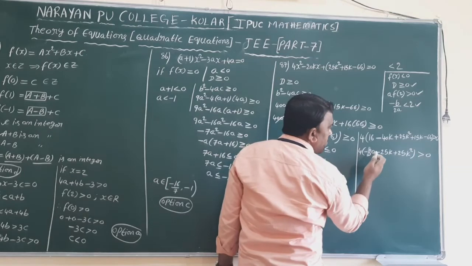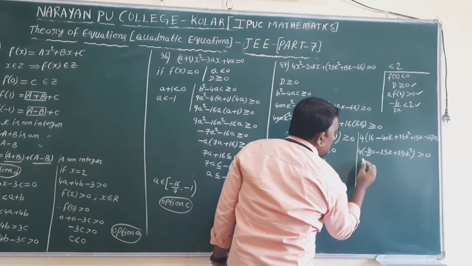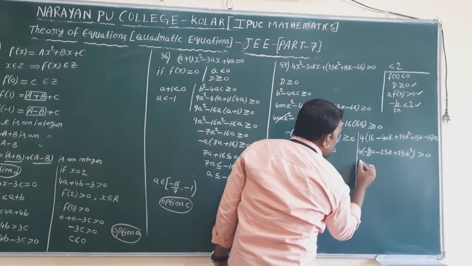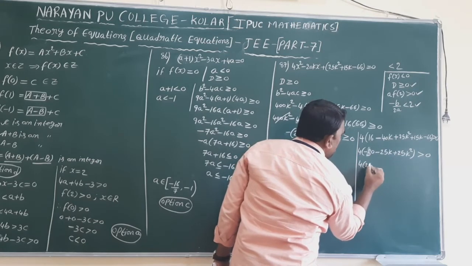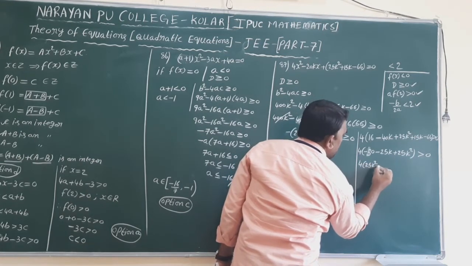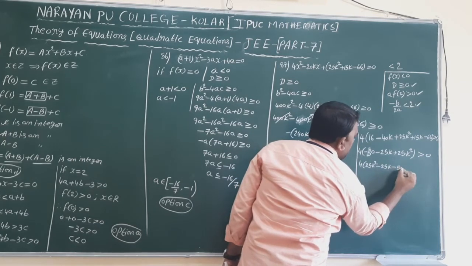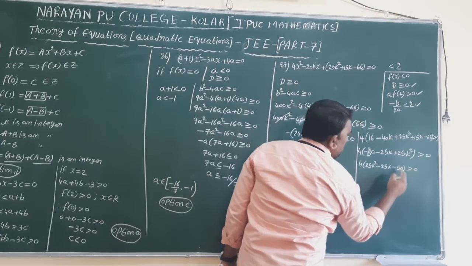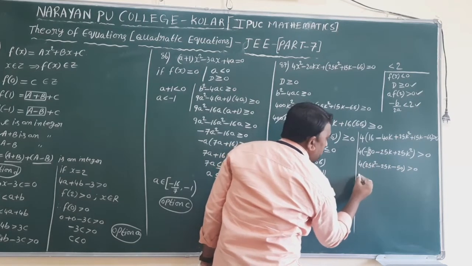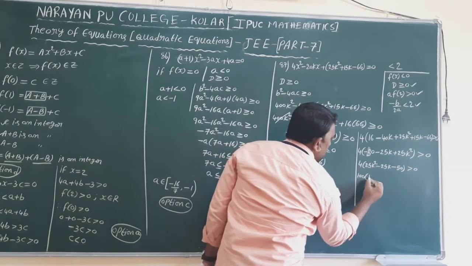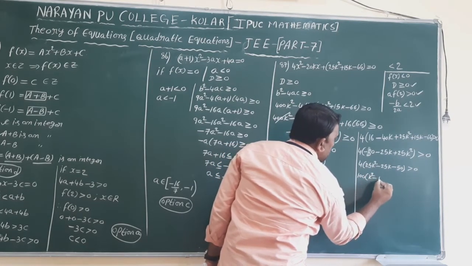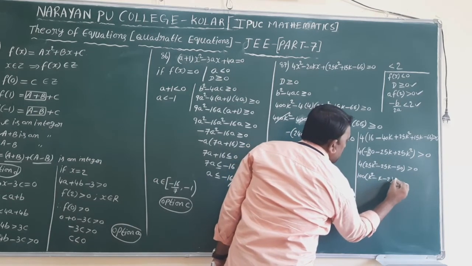Okay, next multiply with 4. Otherwise we can write like this: 4 into 25k² − 25k − 50 is greater than 0. Take 25 common, 25 into 4 is 100. k² − k − 2 is greater than 0.